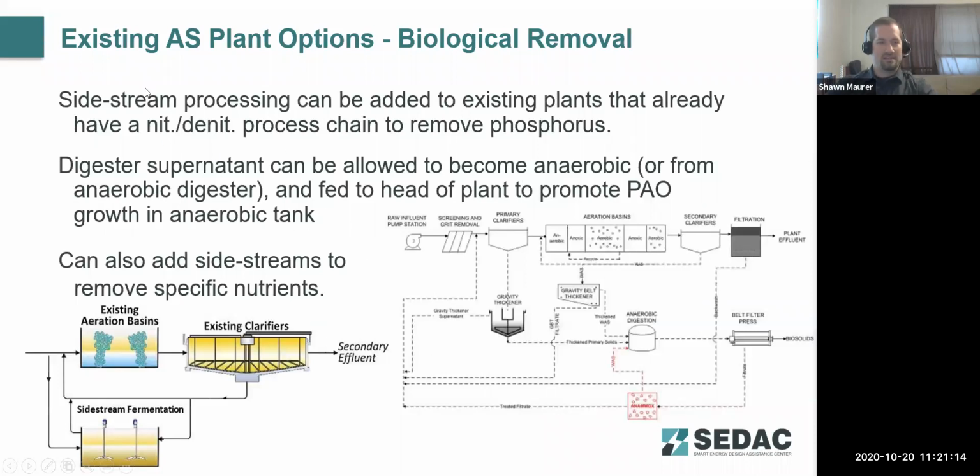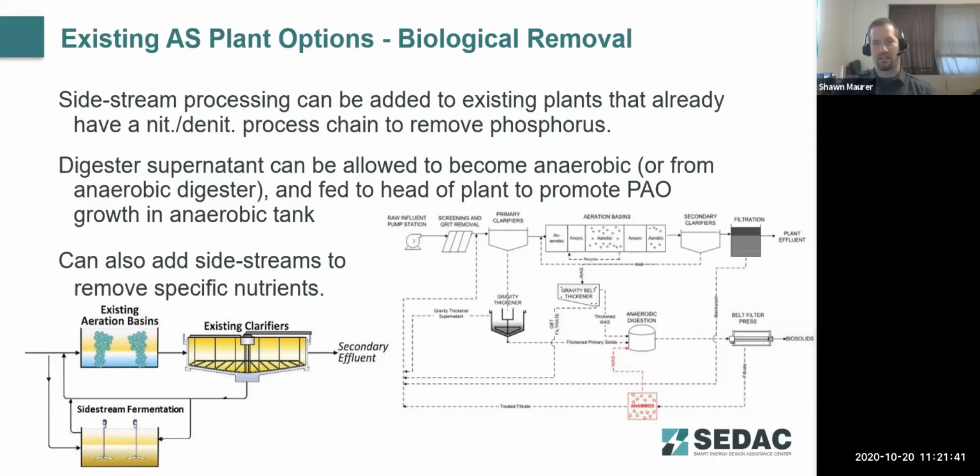Some other processes, you can add side stream processing to existing plants that already have a nitrification and denitrification train in order to remove phosphorus. We've actually seen this very commonly with plants that already have an anaerobic digester. Supernatant from that digester can be put into an anaerobic basin. Influent comes into that has the carbon load needed to grow phosphorus absorbing organisms, and that promotes their growth.